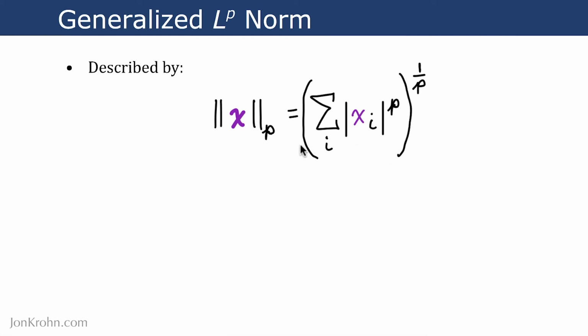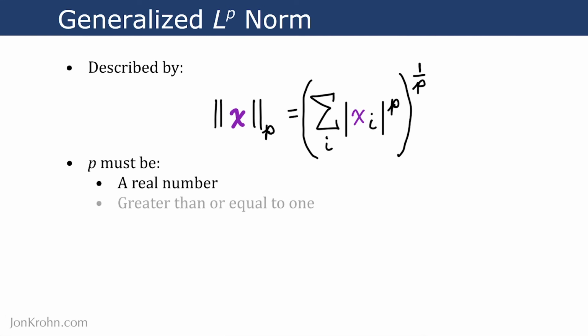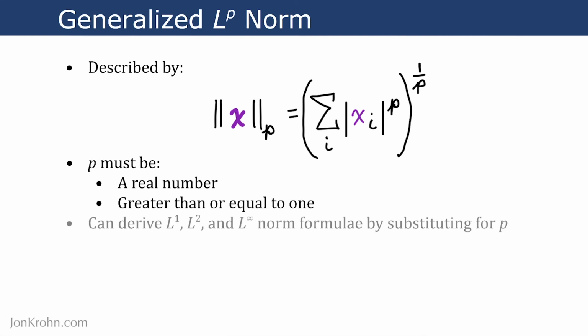You just substitute in. If you want to calculate L2 norm, you substitute a 2 in for the p, and you'll find L2 norm. Or if you want L1 norm, you substitute a 1 in. Some constraints for norms are that p must be a real number, and it must be greater than or equal to 1. And as I just said, you can derive these formulae for yourself in your own time if that interests you.